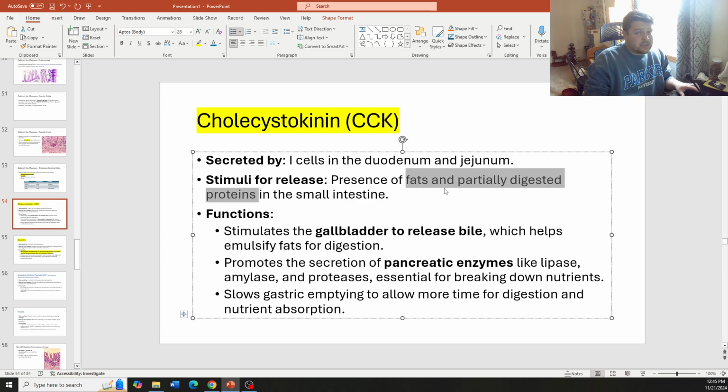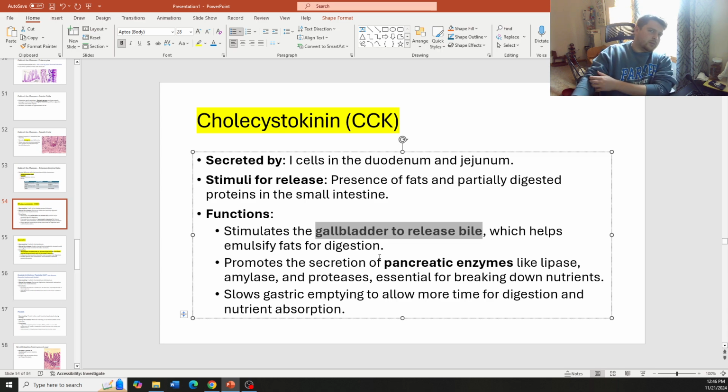So when we have that acidic chyme go through the pyloric sphincter and into the duodenum, it says, hey, we got fats, we have proteins. It releases cholecystokinin in order to go and stimulate the gallbladder to release bile. Remember, the gallbladder emulsifies fats.